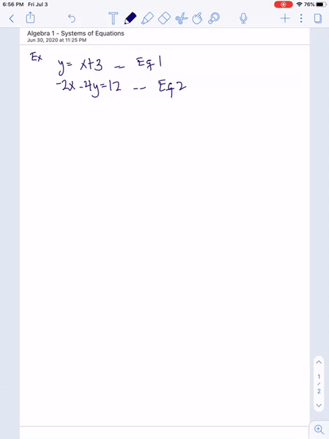In this scenario, we're going to take x plus 3 and plug it into equation 2 for y in order to solve for x. So let's rewrite equation 2 as negative 2x minus 4, open parentheses, x plus 3, close parentheses, equals 12.